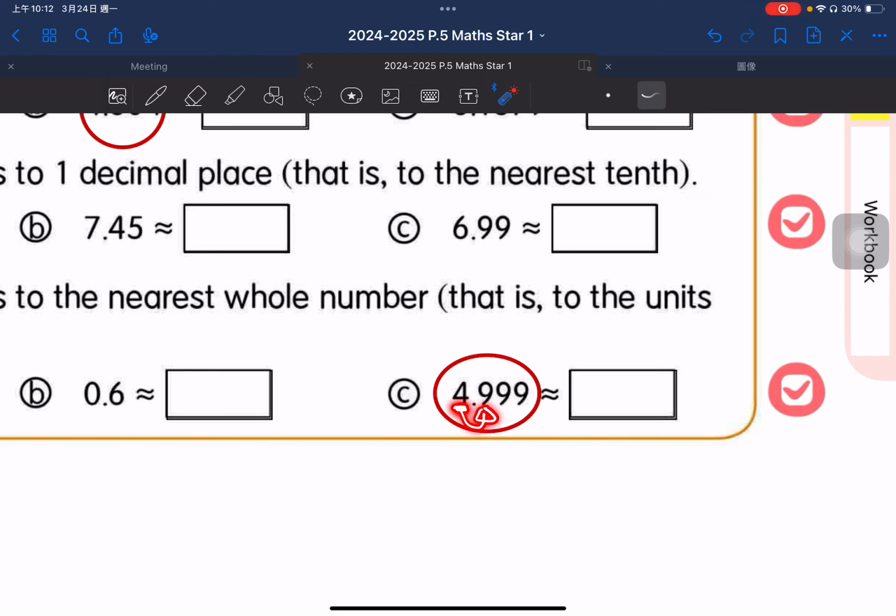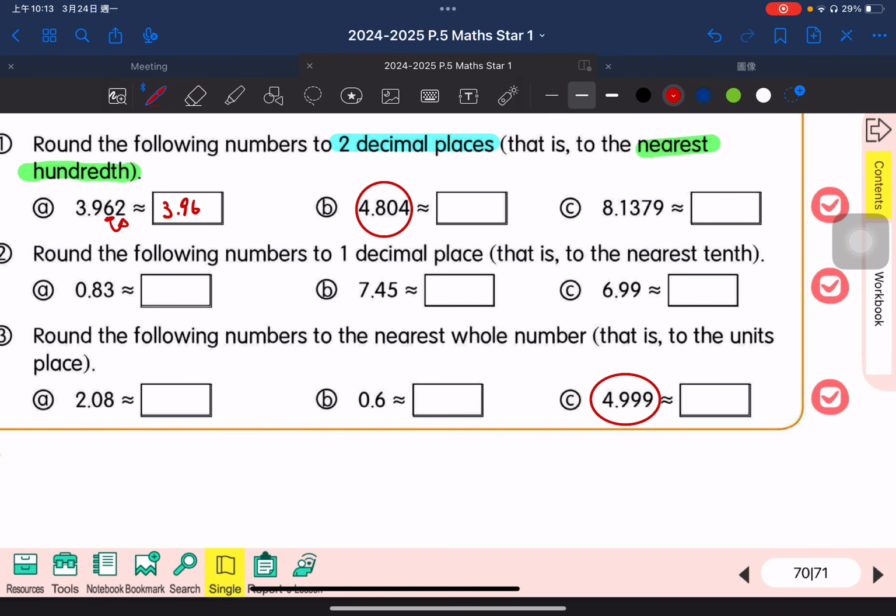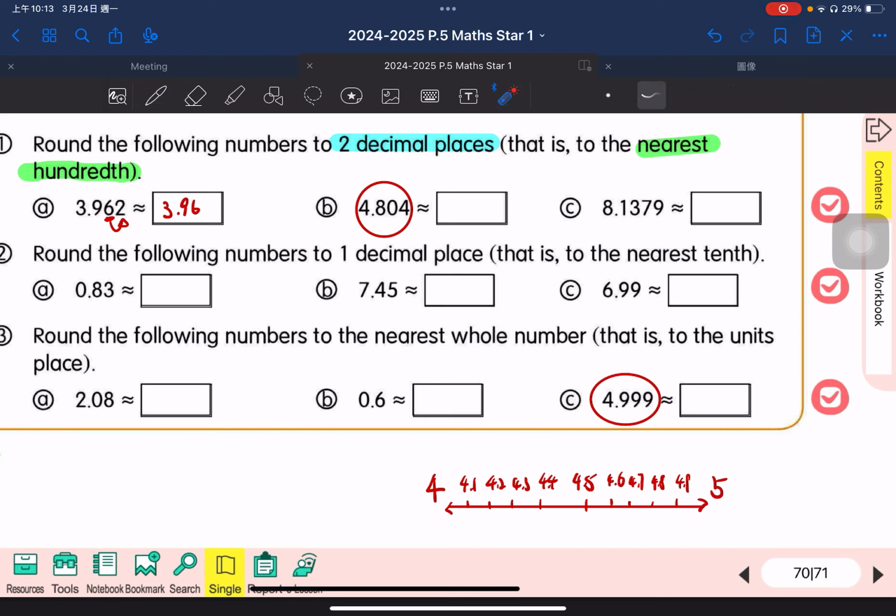On the right-hand side is 9. If we draw a line, this is 4, this is 5, and then we separate it into 4.1, 4.2, 4.3, 4.4, 4.5, 4.6, 4.7, 4.8, 4.9. 4.99 should be about here.